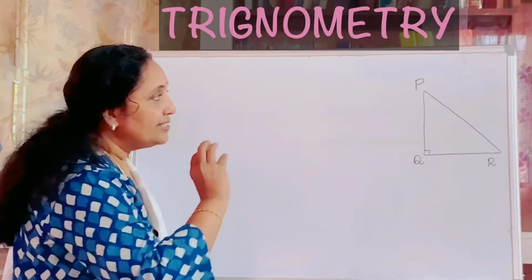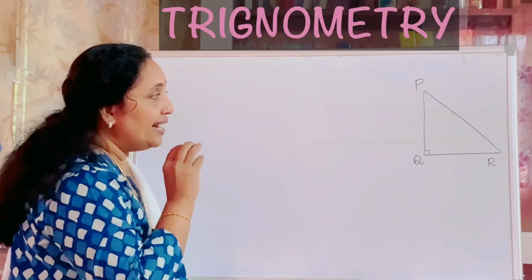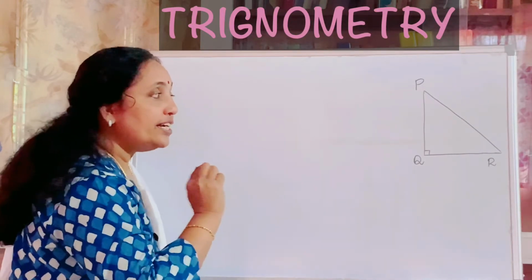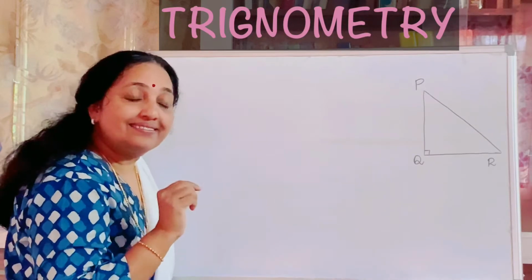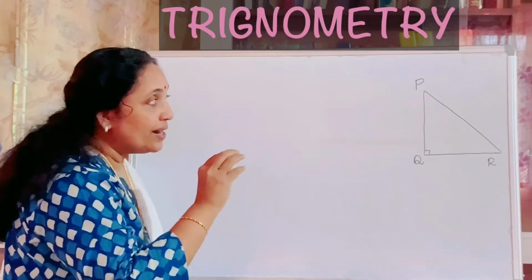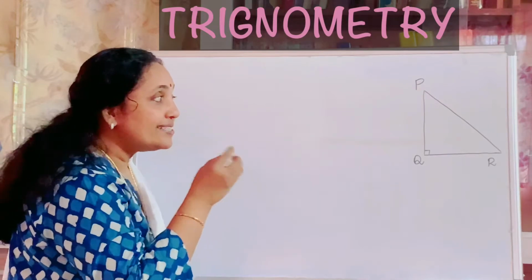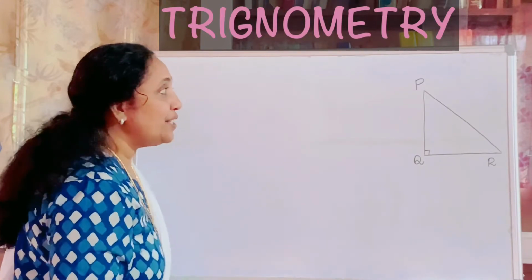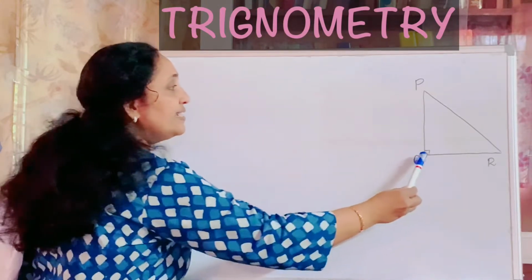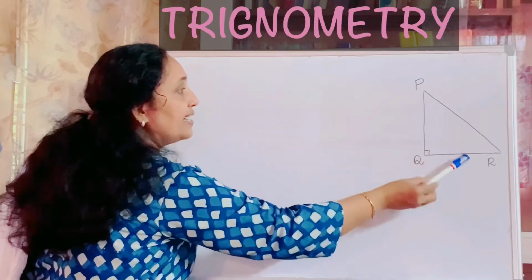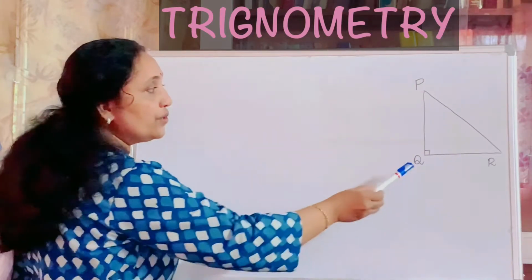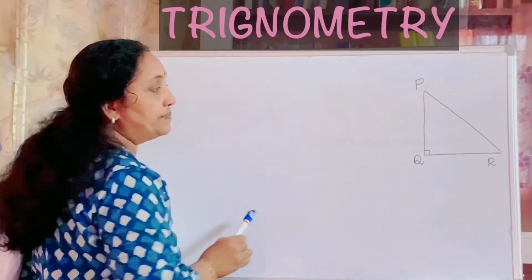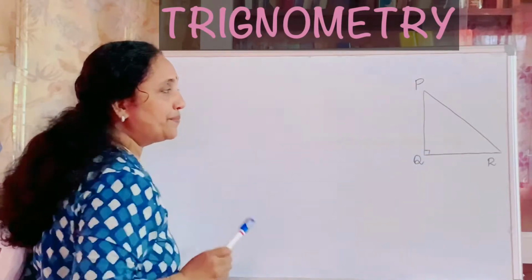Then take angle P. With respect to angle P, how can you define the side QR? The side QR is the opposite side of angle P, isn't it? Look here. This side is opposite to this angle. Then what about side PQ?